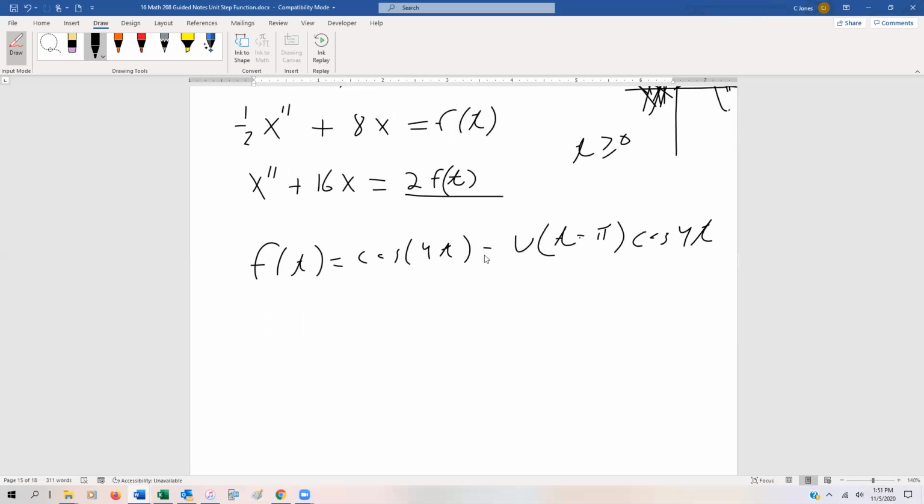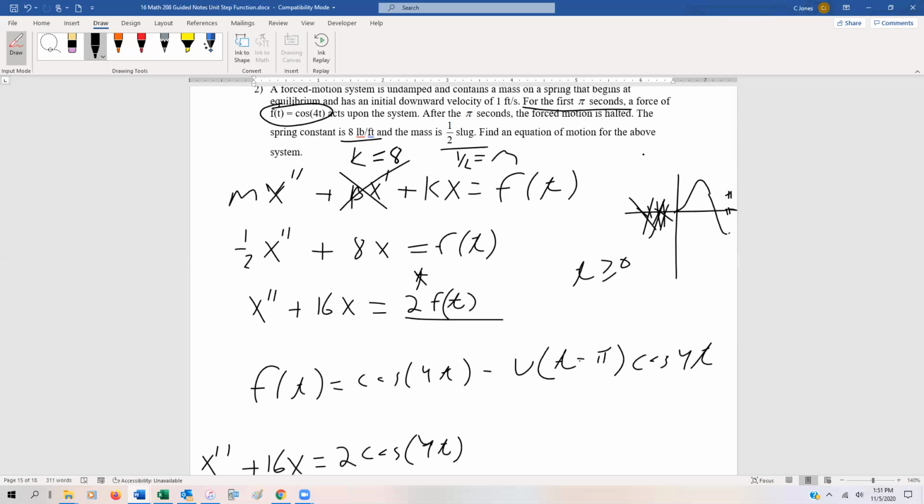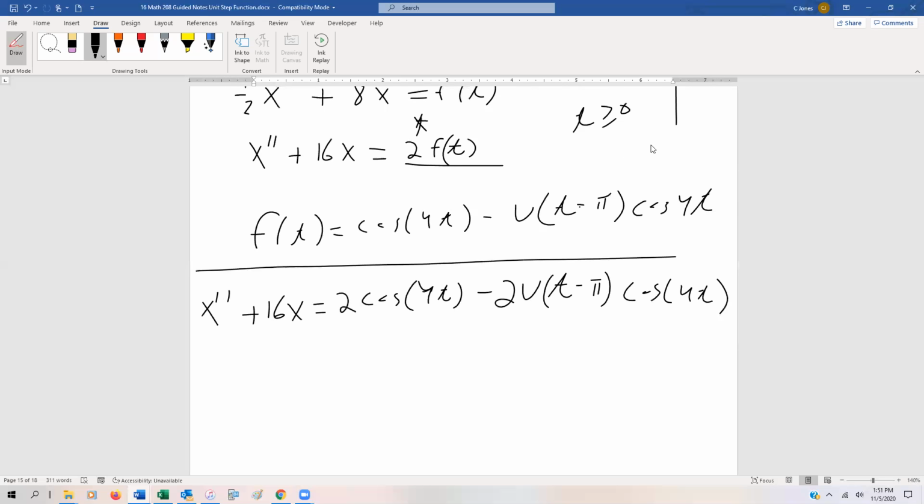So we're going to have x double prime plus 16x is going to be equal to 2 cos of 4t, right? Because remember, we had to multiply by 2 right here, minus 2 times the unit step of t minus pi times cos of 4t. All right, so that's the differential that we need to solve, right?